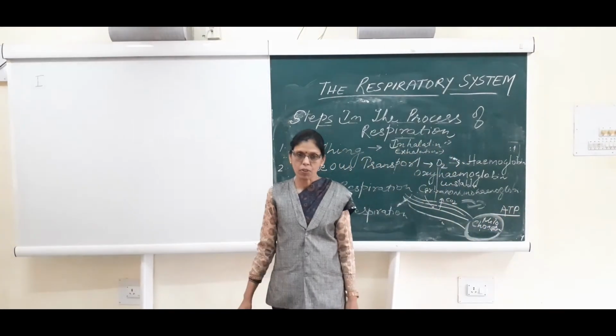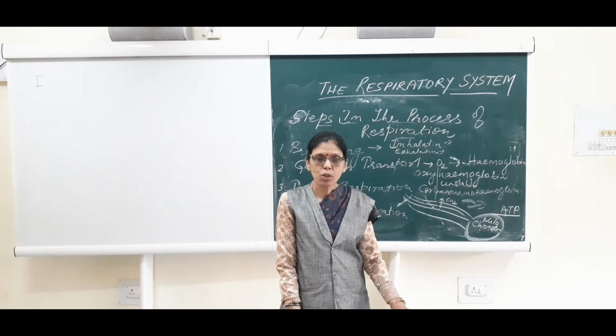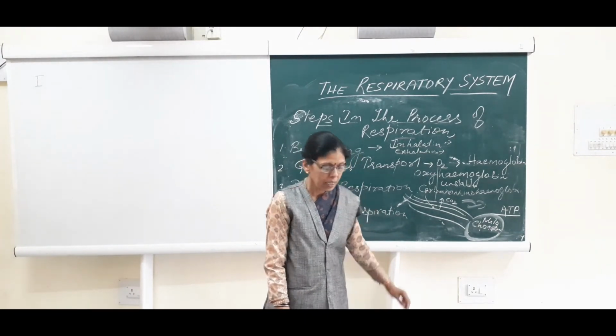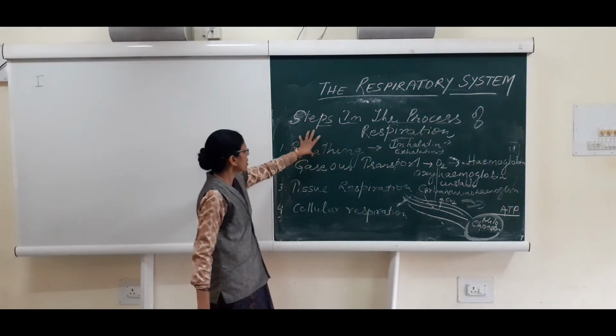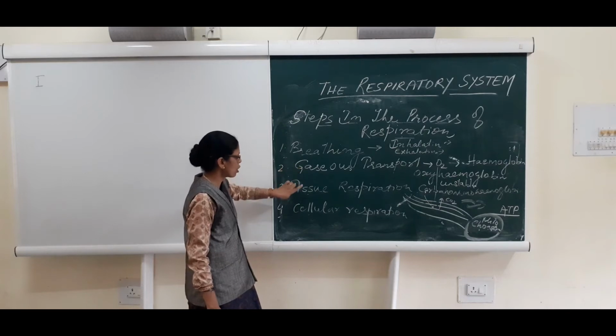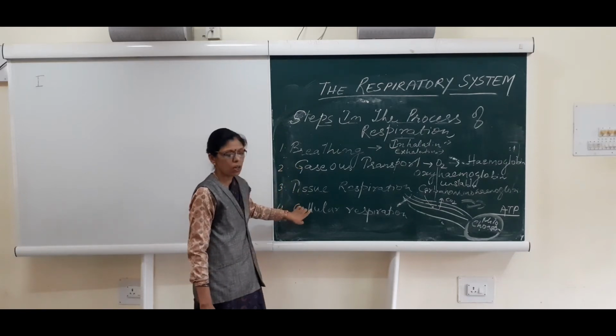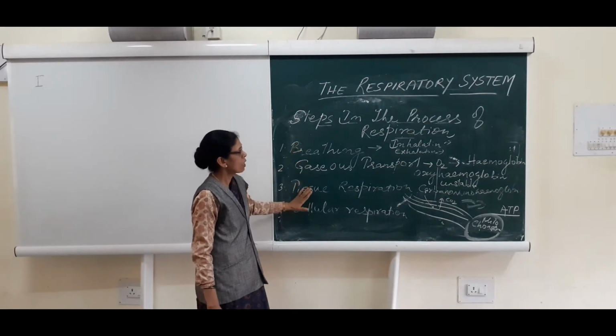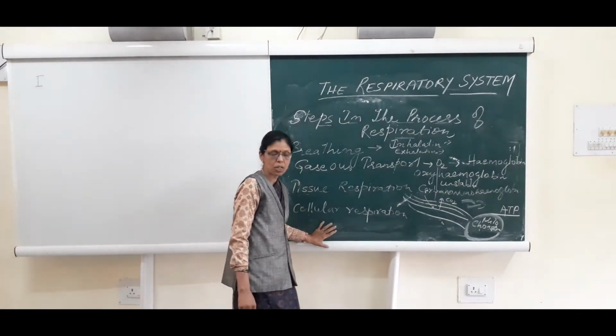That is why mitochondria are called the powerhouse of the cell. These are the various steps: breathing, gaseous transport, tissue respiration and cellular respiration. These are the various steps for the process of respiration.